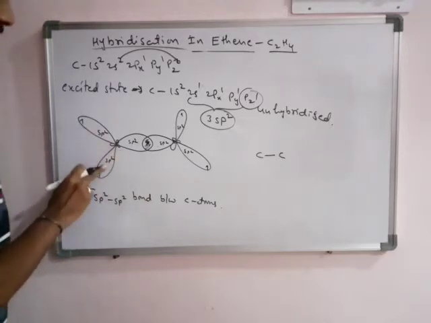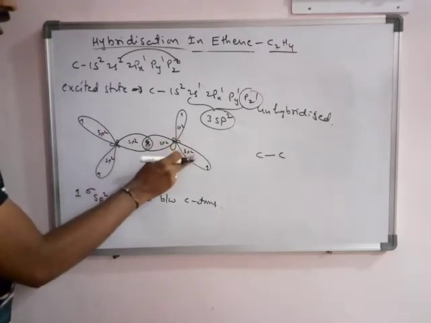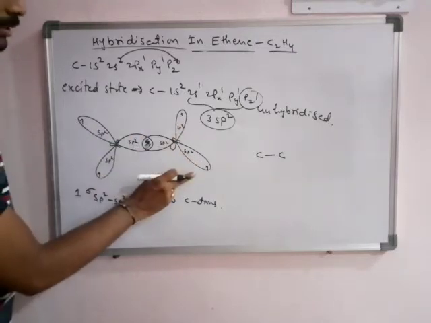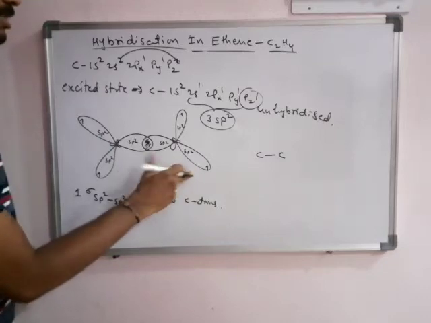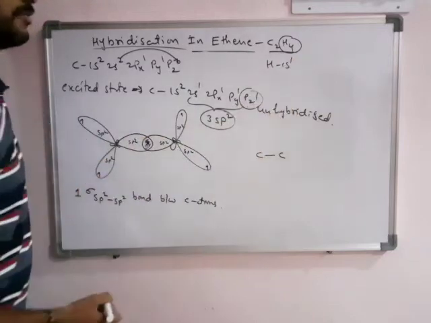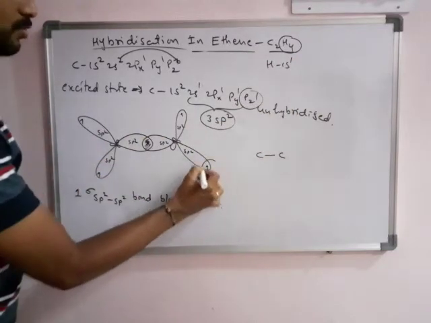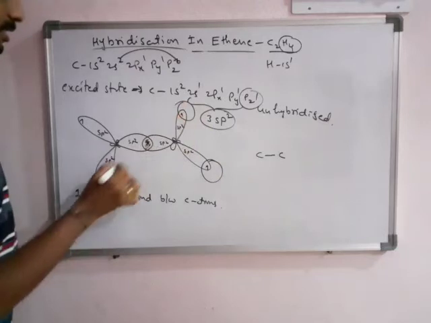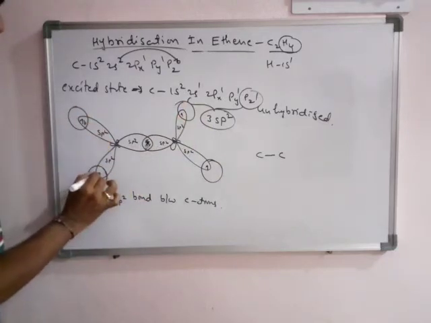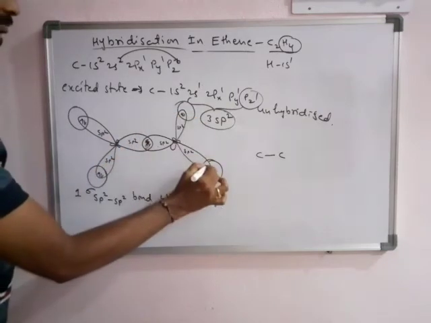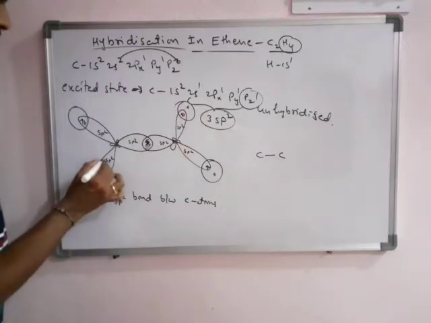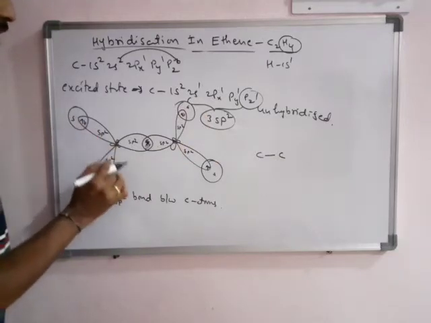Now see the remaining. This carbon has 2 sp2 orbitals, this carbon also has 2 sp2 orbitals. Totally there are 4 sp2 hybrid orbitals which are ready for bond formation, and there are 4 hydrogens, each hydrogen with 1s1. These overlap with these hybrid orbitals. So these s orbitals overlap with the sp2 hybrid orbitals of carbons.